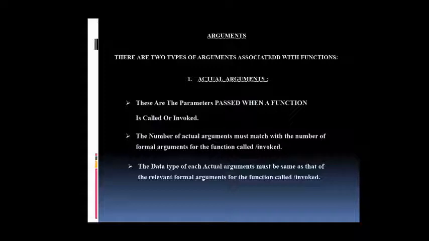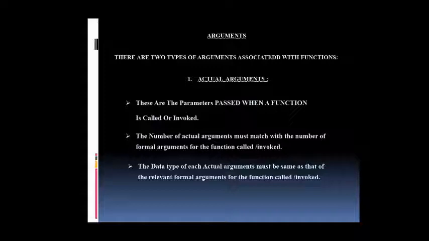So the number of arguments must be the same, as well as the sequence, one by one. The first argument must match in both the actual call as well as in the header. They must match in data type. Similarly, the second argument must also match in the calling statement and in the defining statement, and similarly the third, and so on.